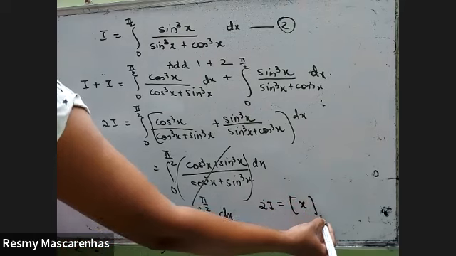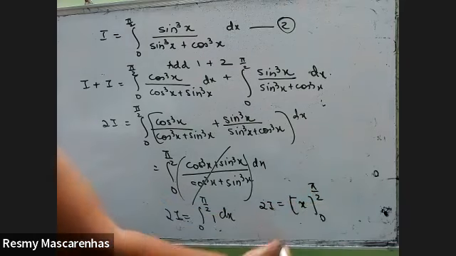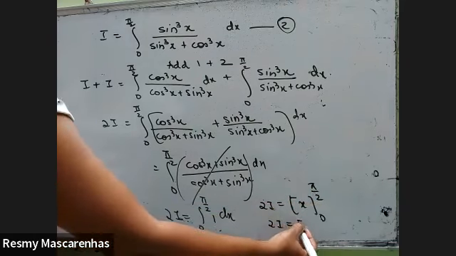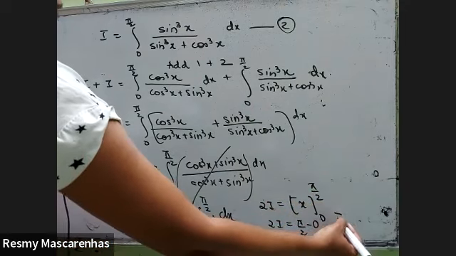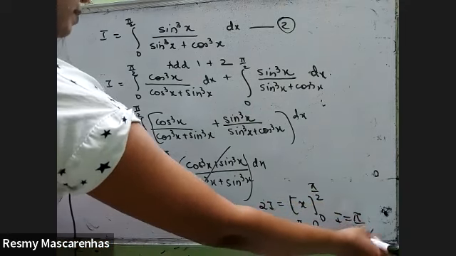Integral of 1 is x. And then same like previous problem. Pi by 2 minus 0. So I will be pi by 4.